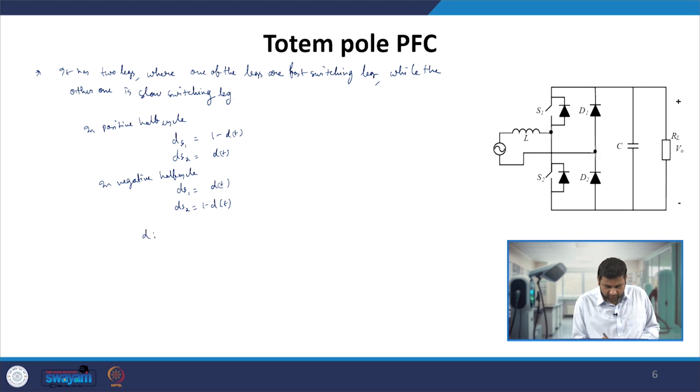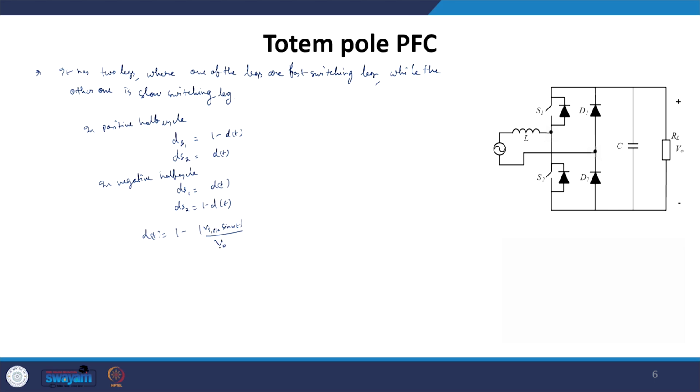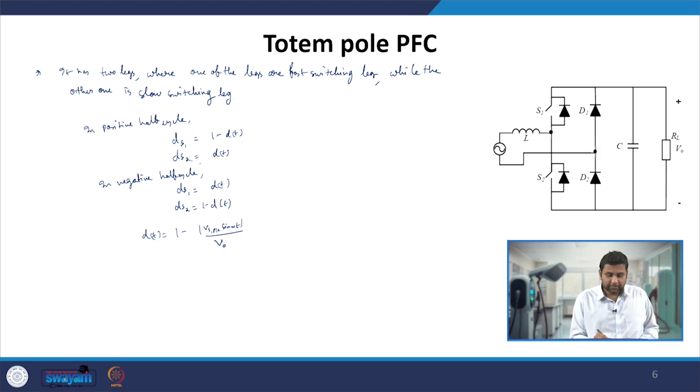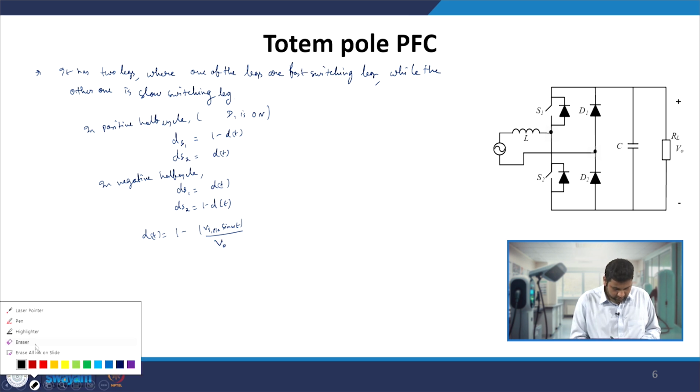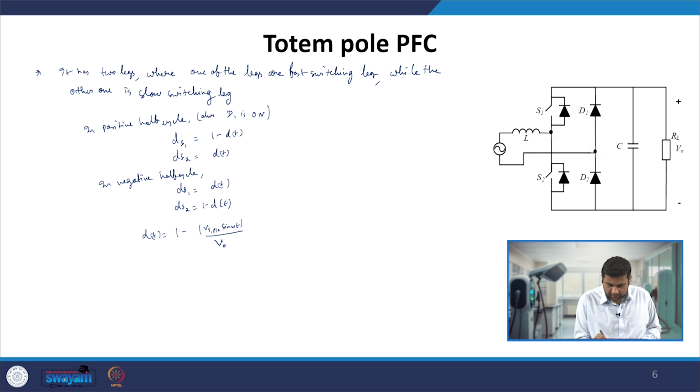And we know that our d of t is nothing but 1 minus modulus Vs peak sin omega t divided by V naught, which we have already derived in the case of boost PFC. And during the positive half cycle only one of the diodes is on, while in the negative half cycle always D1 is on.